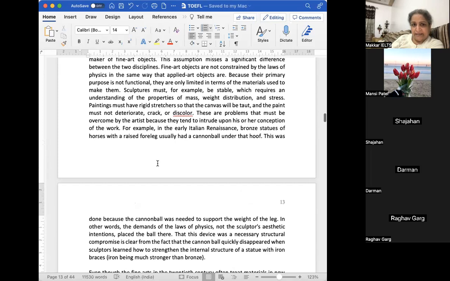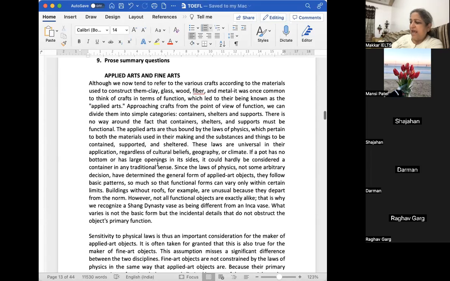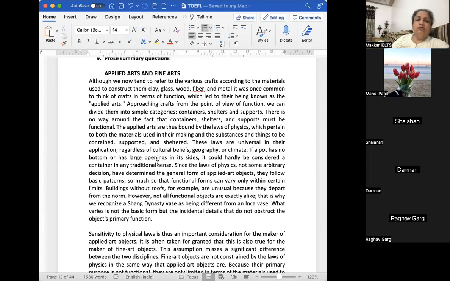Now we'll read the passage. If you get any answer, you should be able to point it out now if you have read all the options with me nicely. Although we now tend to refer to the various crafts according to the materials used to construct them, clay, glass, wool, fiber, and metal, it was once common to think of crafts in terms of function, which led to their being known as the applied arts.